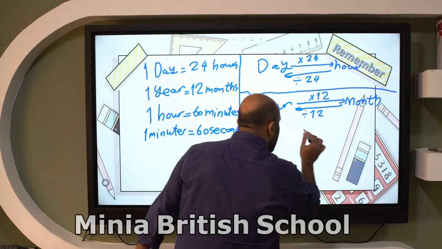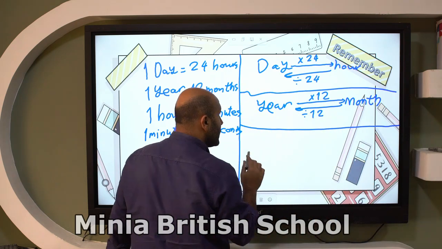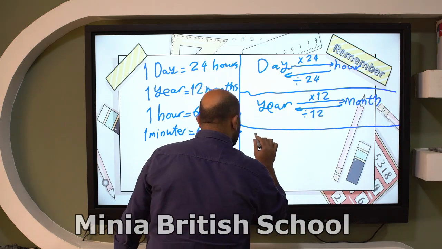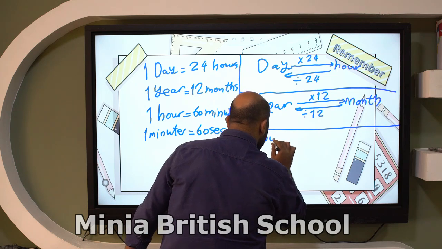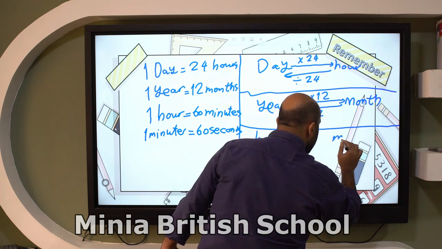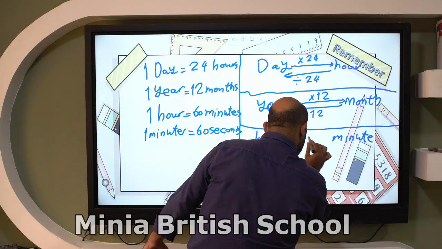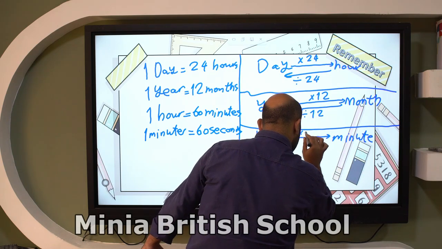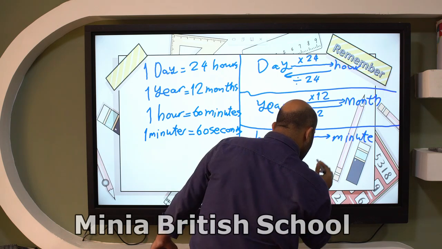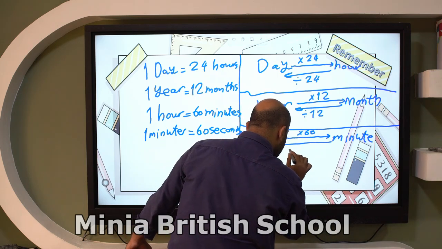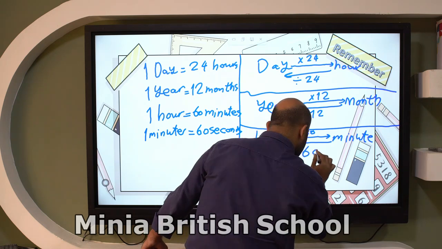The same way also, if I want to convert from hour to minute, I have to multiply it by 60. What about the inverse? You have to divide by 60.